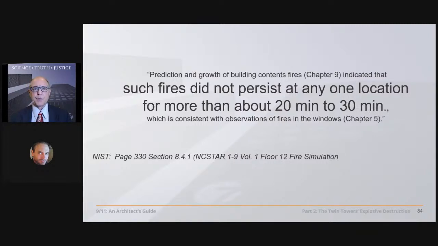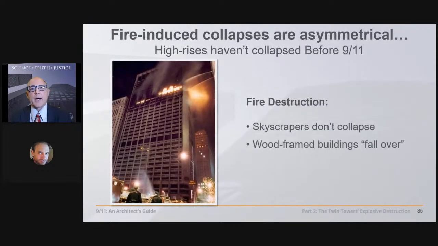So this actually contradicts NIST's theory, which states that these fires were burning under all these trusses uniformly until they all gave way virtually at once through the sagging of those floor trusses, which pulled in those perimeter columns, according to the official column failure theory. But if we look at skyscrapers, we find that they don't collapse in fires.